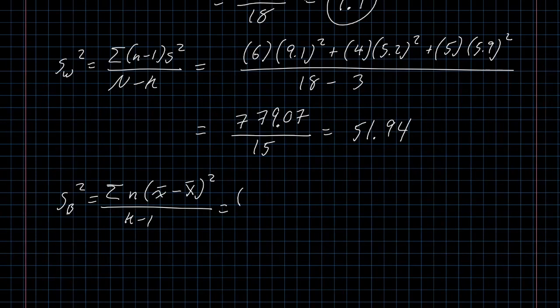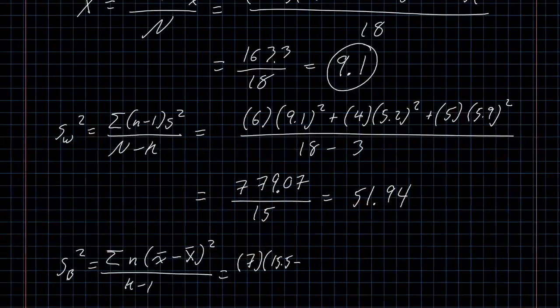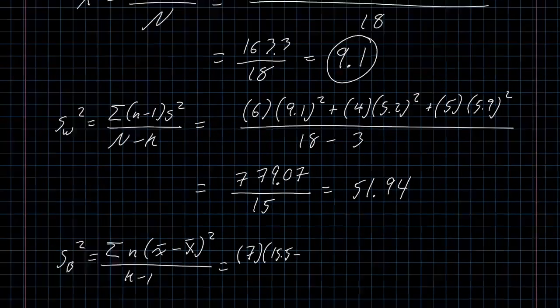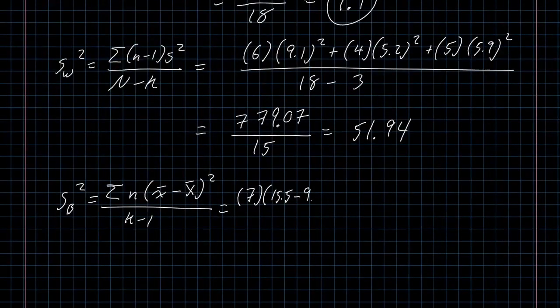For the first group, n is 7, little x bar is 15.5, big X bar, just off the top of the page here, is 9.1, and we want to square that. Then we will have n2, which is 5, times mean of the second one, which was 4.0, minus grand mean, which is still 9.1, and we'll have 6, the size of the third group.